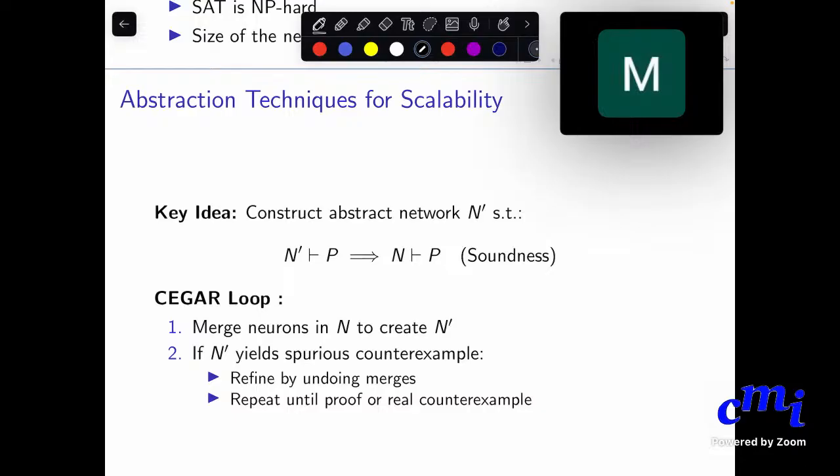So what is a spurious counter example? It is an input point which actually satisfies the property in the actual neural network, but violates the property in the abstracted neural network.